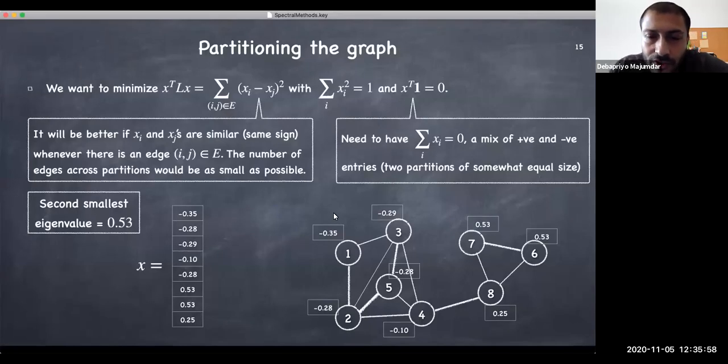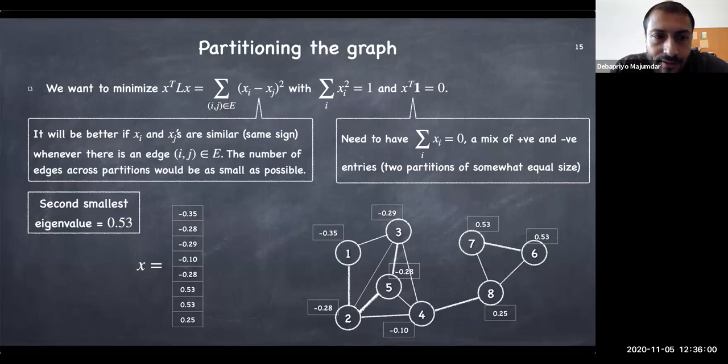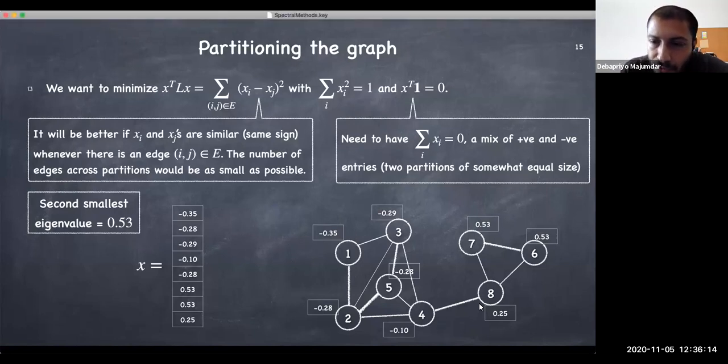All right, so this is what we saw in the last class, that we took a graph which was actually not completely disconnected, but we could see that it has two communities. So except for this edge from 4 to 8, it should have been two disconnected components.